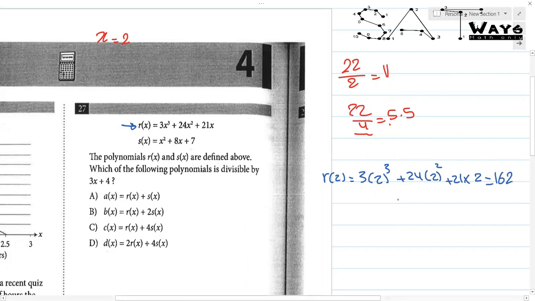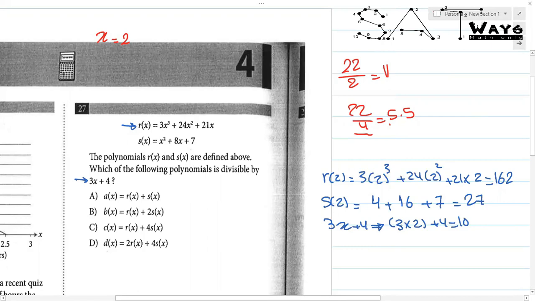Do the same thing with S of x. S of 2 equals 4 plus 2 multiplied by 8, which is 16, plus 7, which is 27. And do the same thing with 3x plus 4: 3 multiplied by 2 plus 4, which is 10.